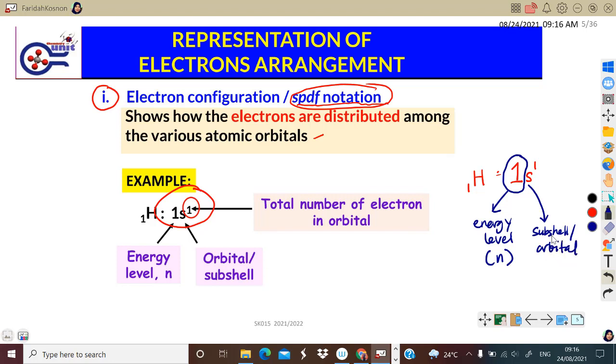So you have to refer to the previous lesson 2.2 to understand more about subshell and orbital. And the superscript 1 here shows the total number of electrons in the orbital. So in this case, there is 1 electron occupying the orbital of hydrogen atom. Don't worry, we are going to learn it in detail after this.